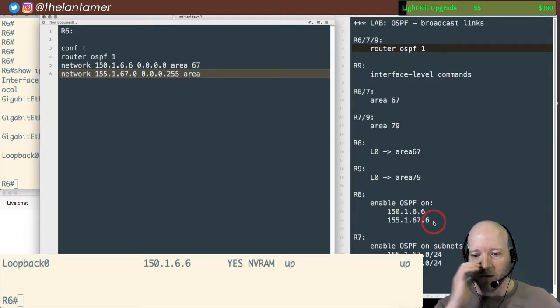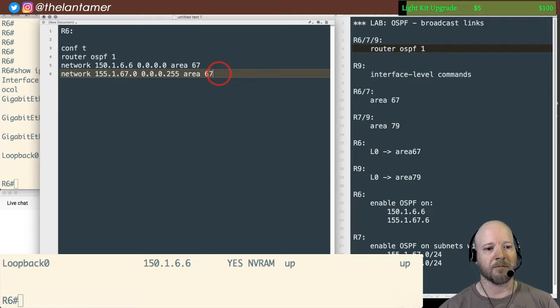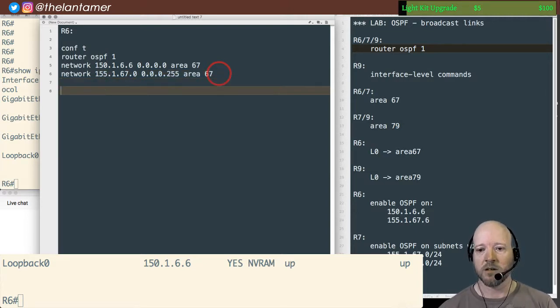However, we do have to enable it here. Obviously, we're going to have communication with router 7, and this is going to also need to be 67, right? Okay. So I think that would be router 6. Now let's jump to router 9.